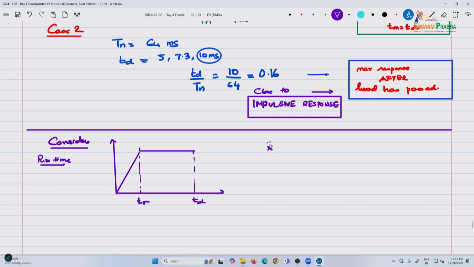I am not going to solve this. This is again m x double dot plus omega n square x is equal to, and you have seen that if this is P naught by m t by tr, then you are solving for P naught t by tr for 0 less than t less than tr, and equal to P naught for tr less than t less than td.